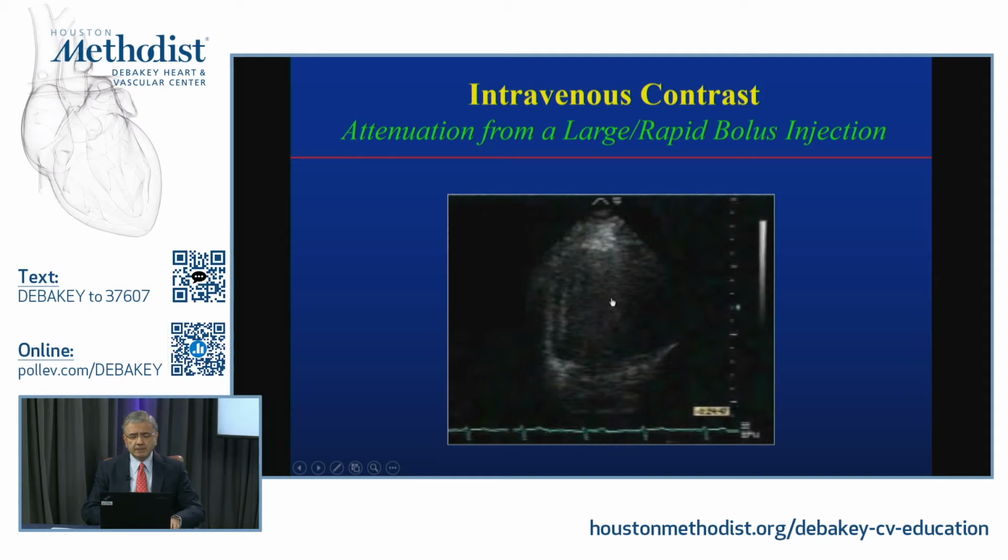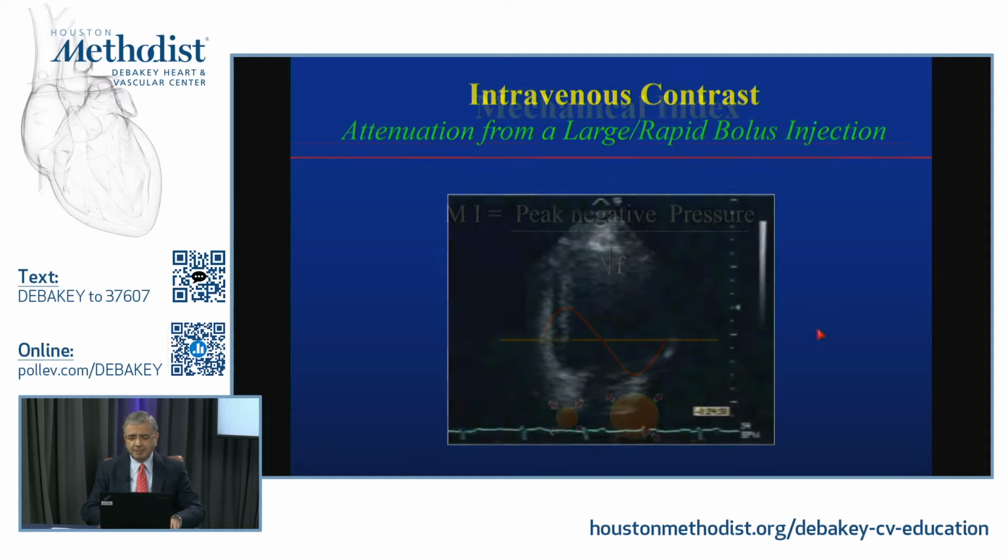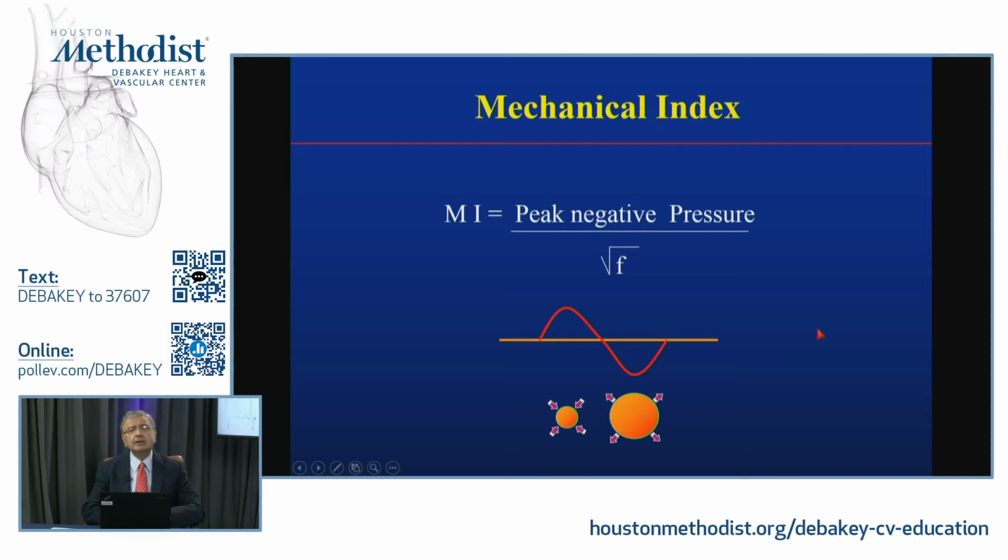So let's go to the next depiction of what we're talking about here. I know many of you know about the mechanical index, MI, which relates to the peak negative pressure divided by the square root of the frequency. And when you talk about contrast or the bubbles that are either generated or manufactured, this is the pulse waveform that is coming and exciting these microbubbles.